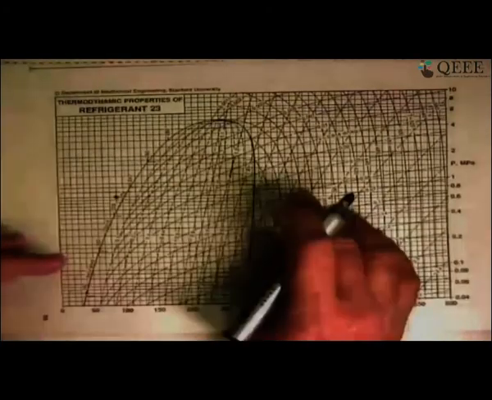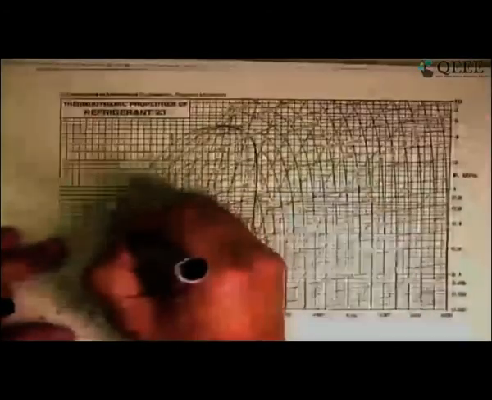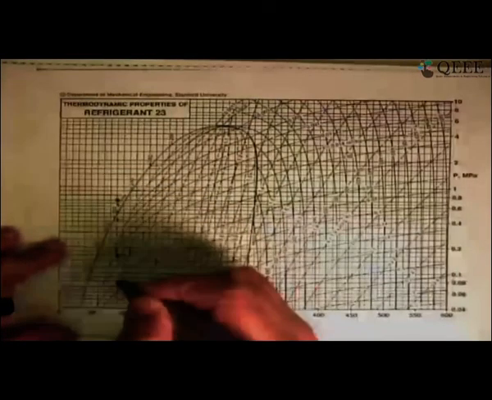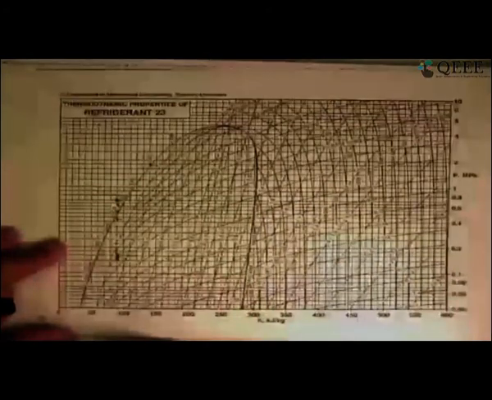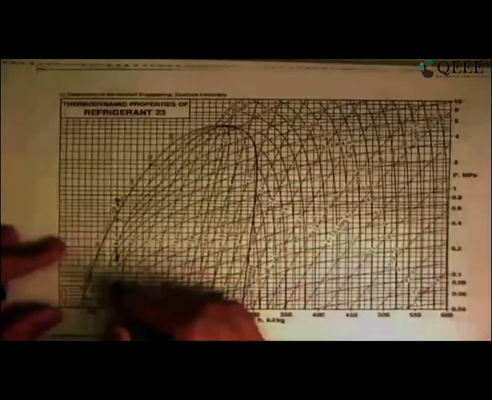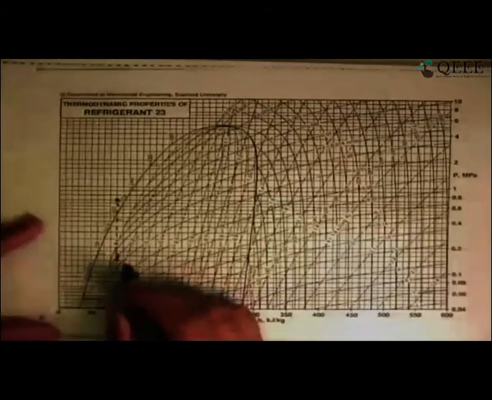The condensation process we'll look at tomorrow when we study condensation. It is from this state that throttling takes place, when we come down to some pressure like somewhere over there. We produce a wet state, with a dryness fraction of about 10%, 15%, 20%, something like that.